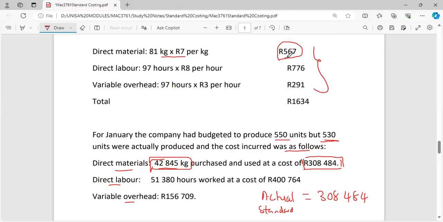So on your standard now, if you want to use this, then you're going to say 567 times, because remember, this is a direct material per unit. So you are now going to say times the 530. How much are we going to have? I think we should get the same variance.